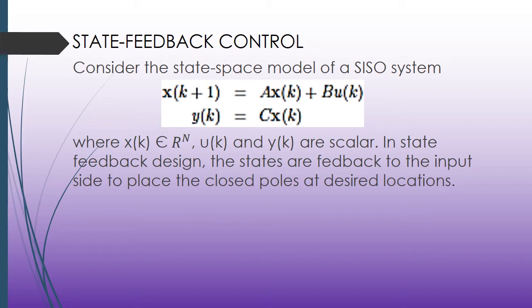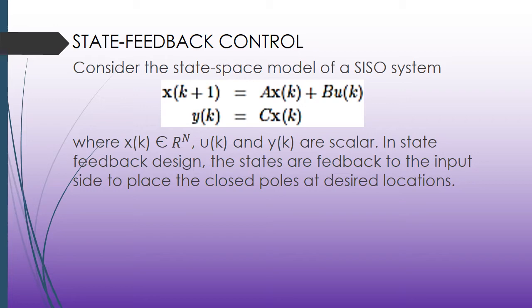So another one, let us consider the state space model of a SISO system, with the equation x of (k plus 1) equals Ax of k plus Bu of k, while y of k equals Cx of k, where x of k is an element of R raised to n, with u of k and y of k being scalar.